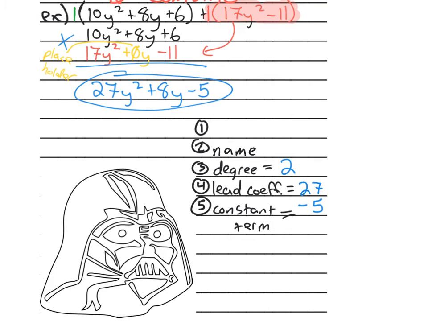It's a trinomial. And in order to get that name, how did you figure that out? The number of terms. We have 3 terms. That makes it a trinomial. A degree 2, our largest power. Lead coefficient is 27. And our constant term with no variable is -5.